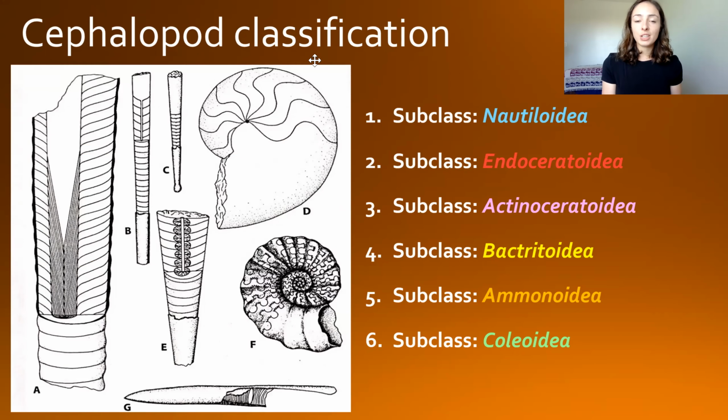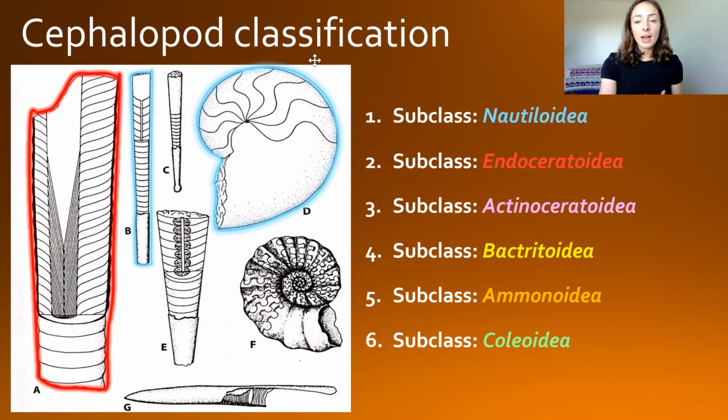So now that we have general morphology out of the way, we'll talk a little bit about the 6 major subclasses of cephalopods, which includes Nautiloidea. We've already talked about some of the nautiloids, which we talked about as straight-shelled ones, but they can also be planispiral, or coiled in one plane, as shown here in figure D. And then we also have Endoceratoidea and Actinoceratoidea, which are both straight-shelled forms and both very large.